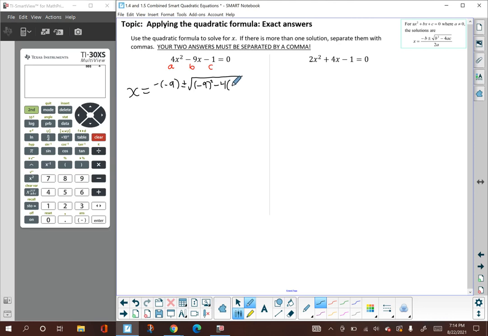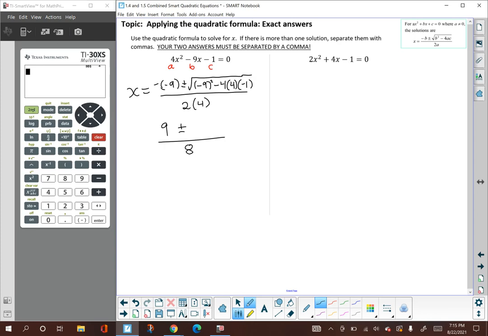Minus 4 times a times c, and it's all over 2 times a. So let's clean it up just a bit. We have 9 plus or minus something over 8. So I like to get my first term and my bottom number set, and then I can turn to my calculator and I can simplify my radical.